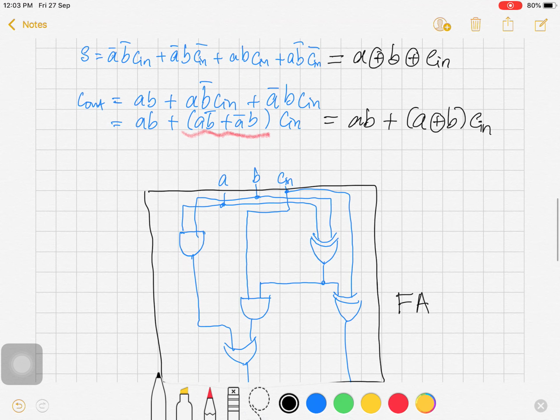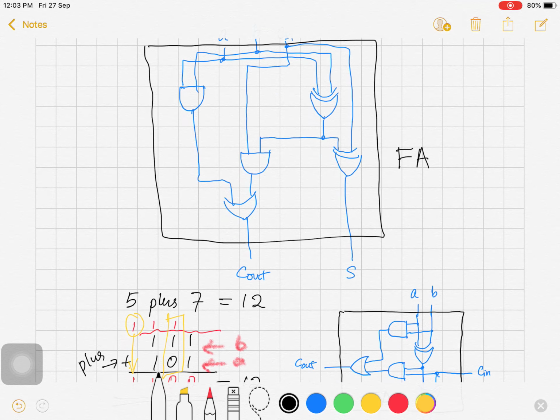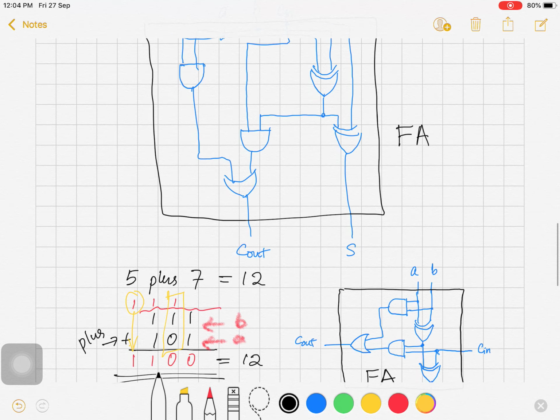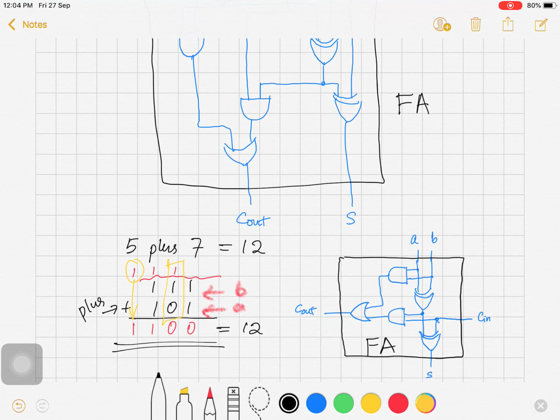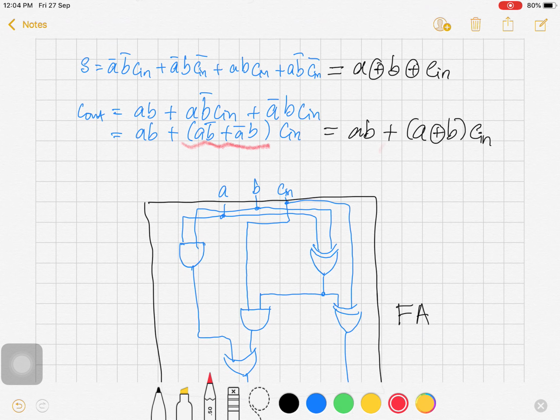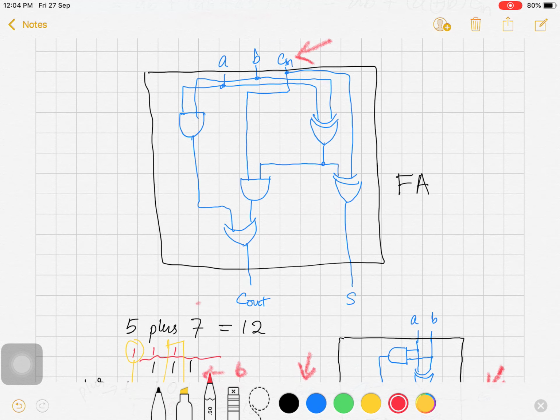Now let's redo the addition, 5 plus 7, which equals 12. This time, we are going to use the full adder. Before that, I prefer to label the carries on the right side and the left side like this, rather than labeling carry at the top and at the bottom.